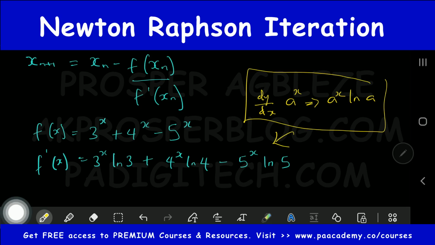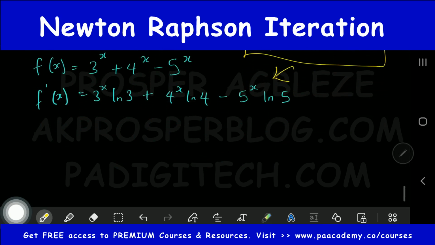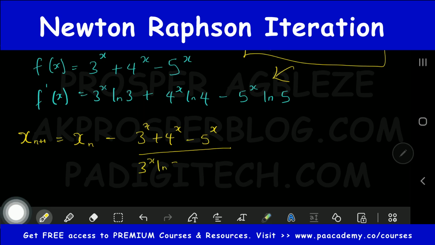Now we already have the two values, so let's bring them into the equation. x_{n+1} = x_n - (3^x + 4^x - 5^x) over (3^x ln 3 + 4^x ln 4 - 5^x ln 5).